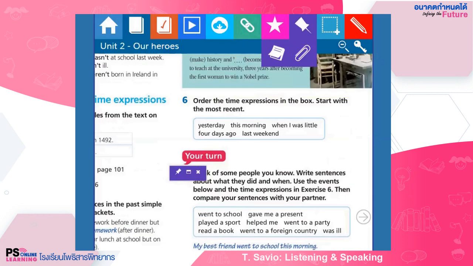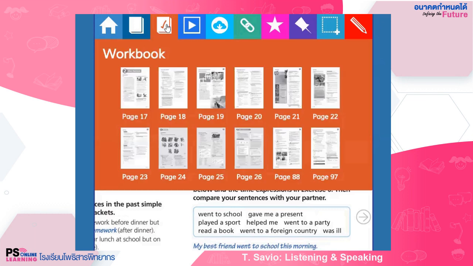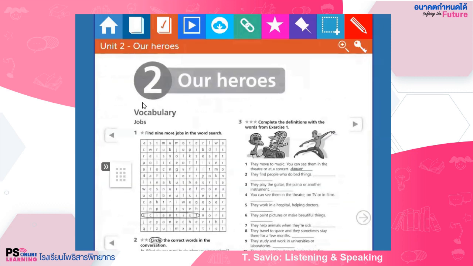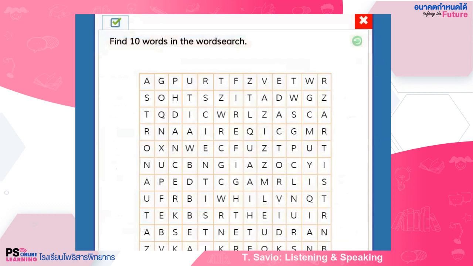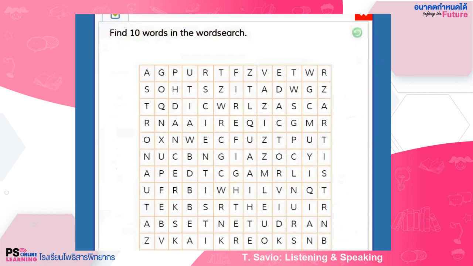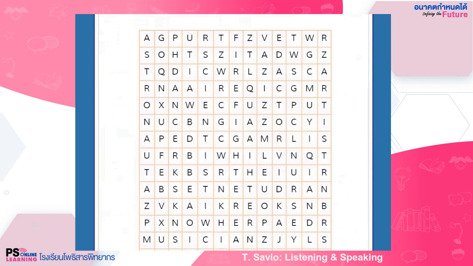Now let's go on to the workbook and try and answer some questions. Find 10 words in the word search.